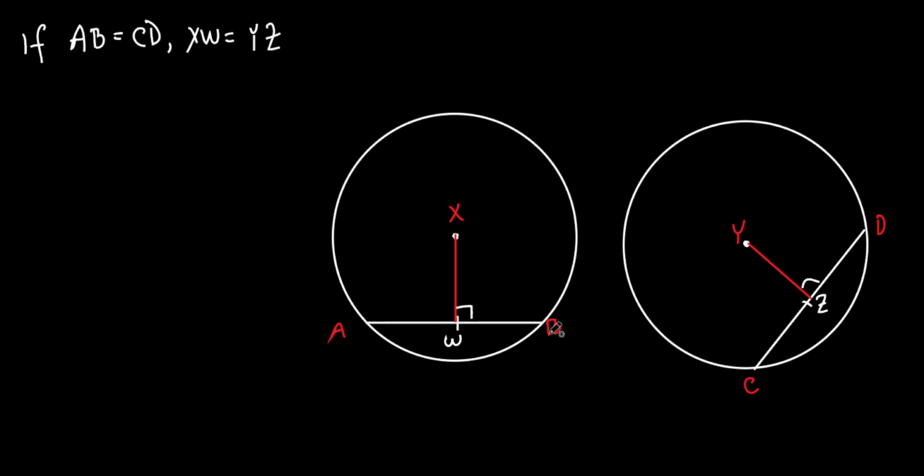So if I know that AB and CD are equal to each other, the distance from the center to that chord is going to equal the distance of this one to here. Watch this. Let's copy and paste that, and let's change the angle a little bit. Let's put it up here like that. It's the same. That chord's the same distance, isn't it?